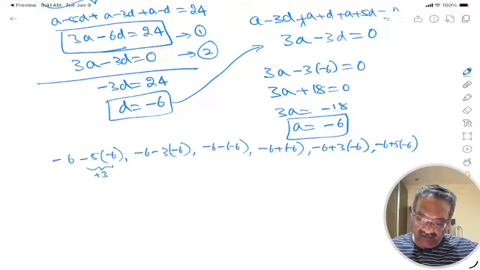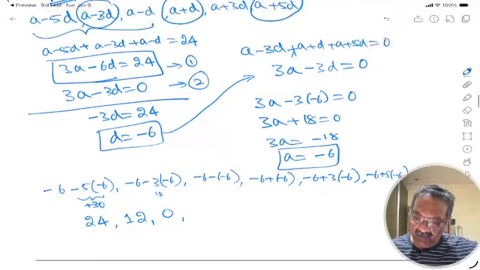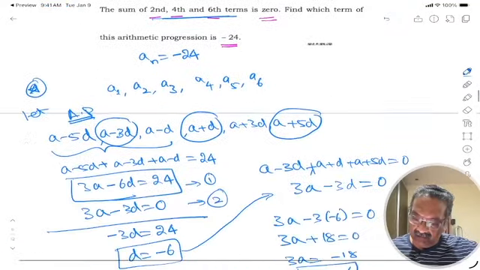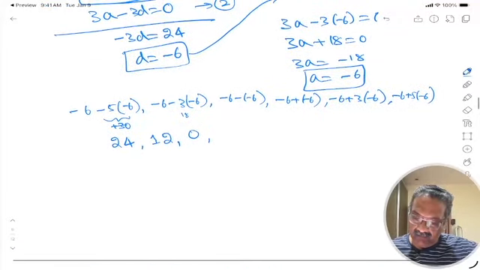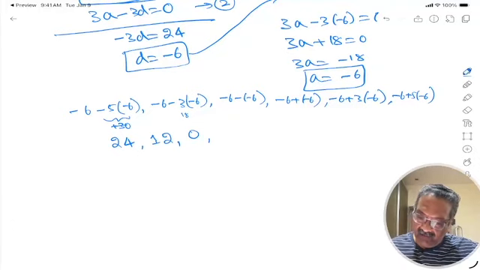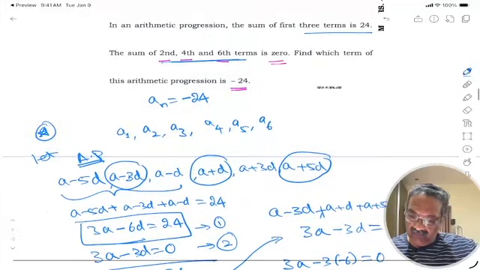This will be plus 30. 30 minus 6 is 24. Similarly, 18 minus 6 is 12. This will be 0, and so on. Minus 12, minus 24.